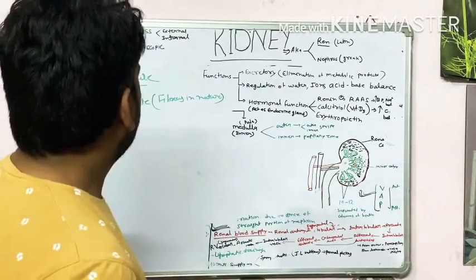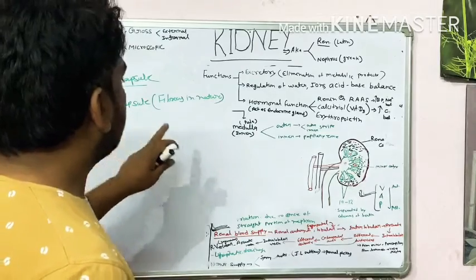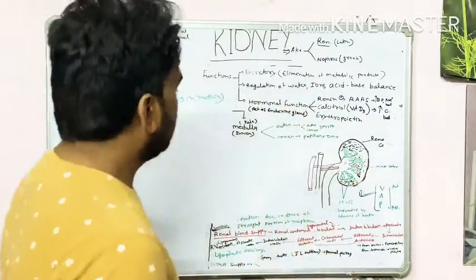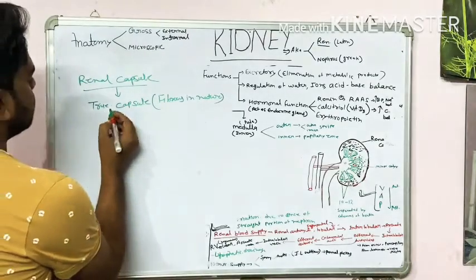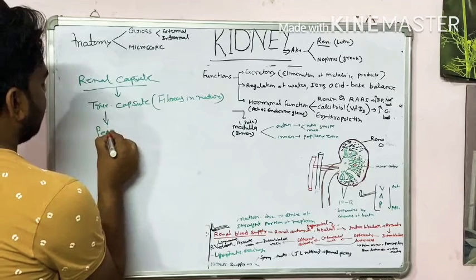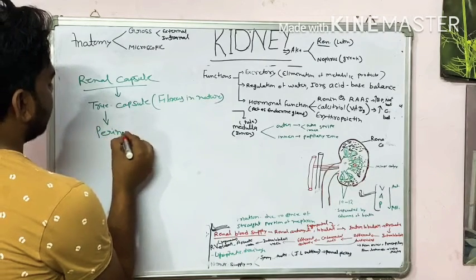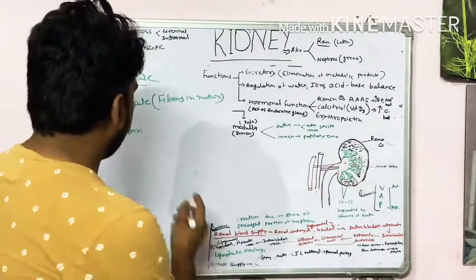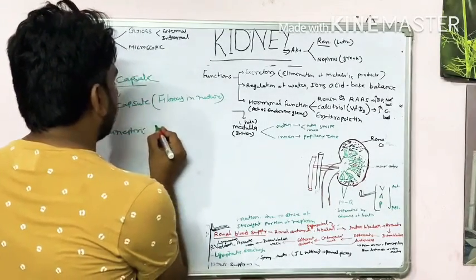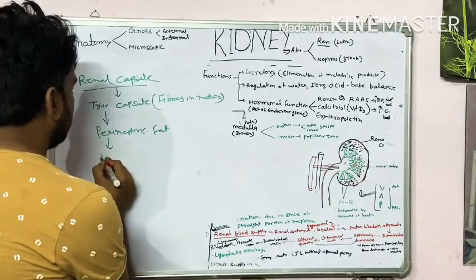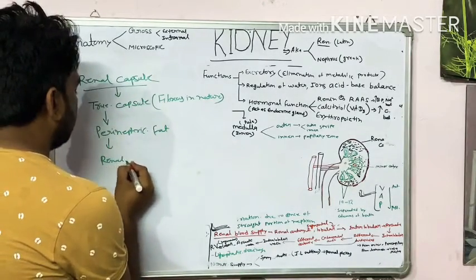Then second is the perinephric or perirenal fat. Perinephric fat is very important. Then the renal fascia.